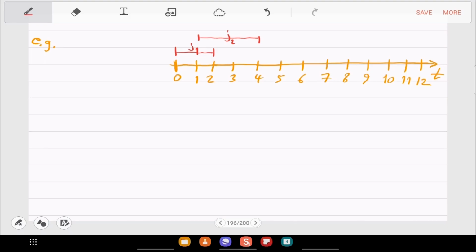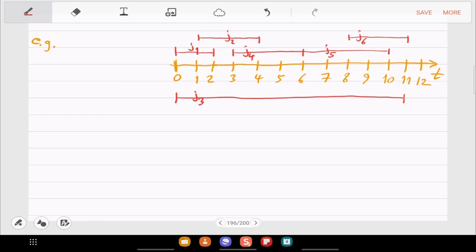0 to 11, let's say, is J3, J4 is 3 to 6, J5 is 6 to 10, J6 is 8 to 11, J7 is 10 to 12, J8 is 6 to 9, and finally J9 is 5 to 7.